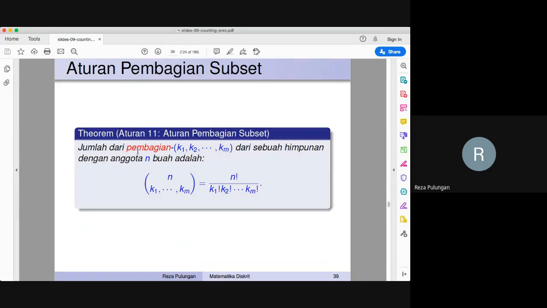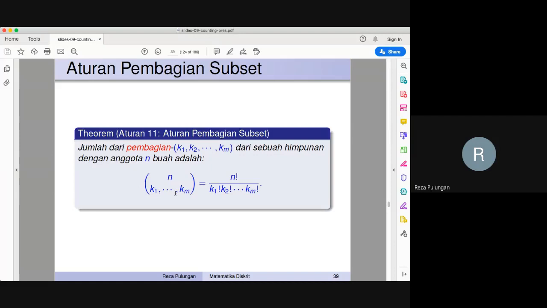The number of divisions k1, k2 until km of a set that contains n elements is equal to n select k1, k2 until km. So you see, this is actually just the same as the previous one.